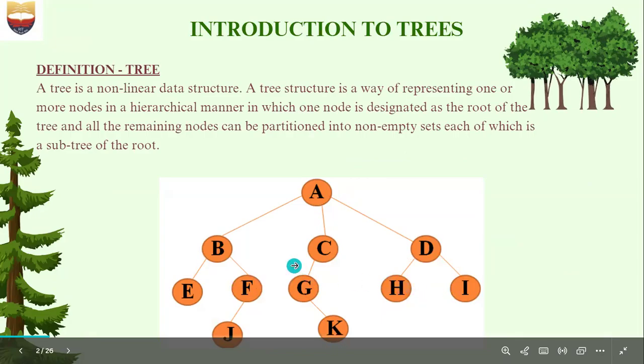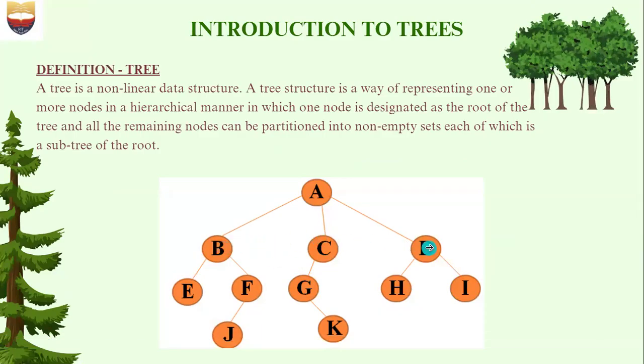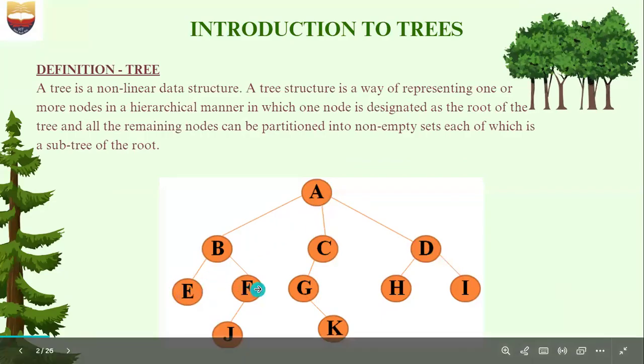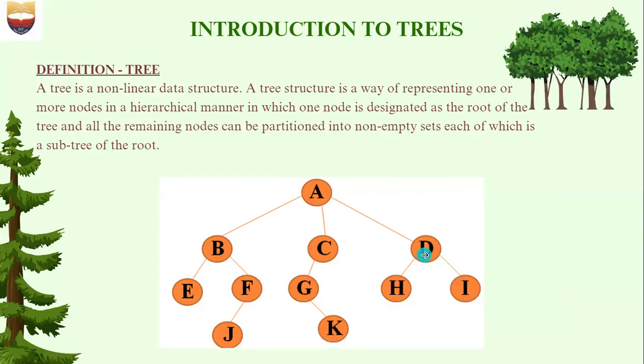If you take B, C, D, these three nodes have the same parent, that is capital A. Similarly, if you come to the pair E and F, these two nodes also have the same parent, capital B. And H and I have the same parent, capital D. Therefore, these pairs of nodes are said to be siblings.